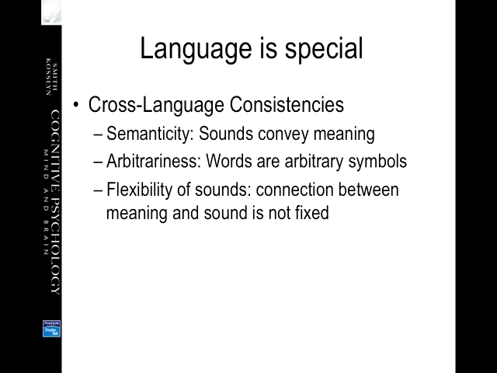It's the idea that we have representations that convey meaning. However, those representations are arbitrary. This is the rose by any other name idea. The relationship between sounds and meaning is not fixed. There's a lot of argument about this idea, but mostly our words are arbitrary symbols for what things are.